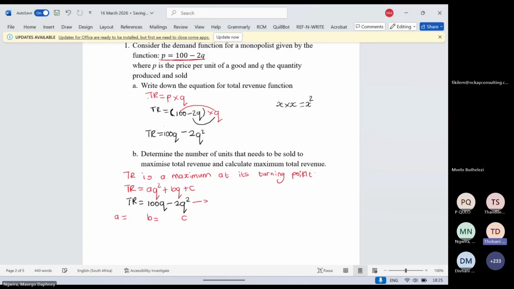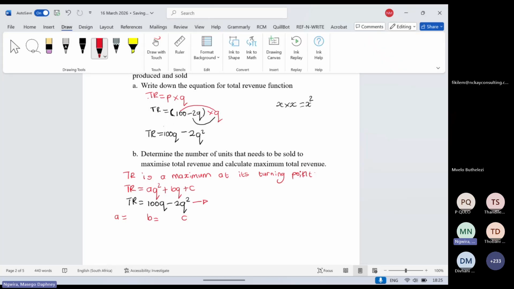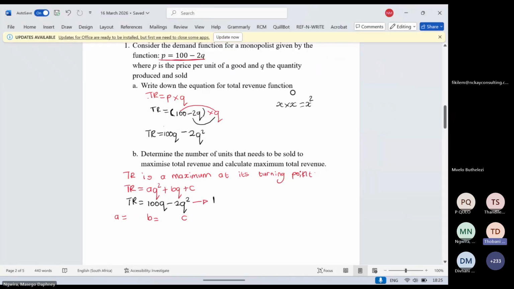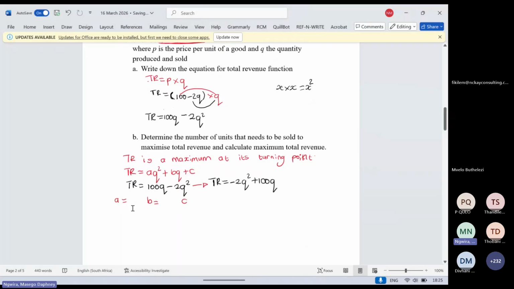It's going to be negative 2Q squared, then plus 100Q. Thank you, Tobani. Now we can write our A, B, and C.